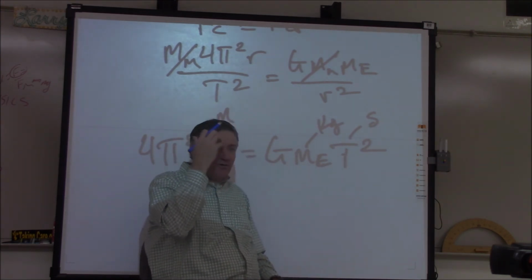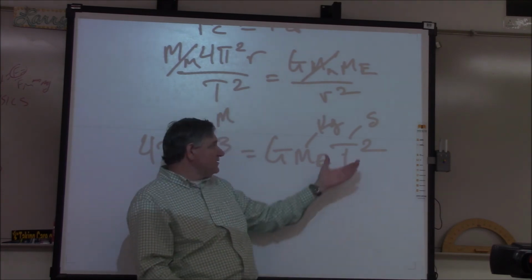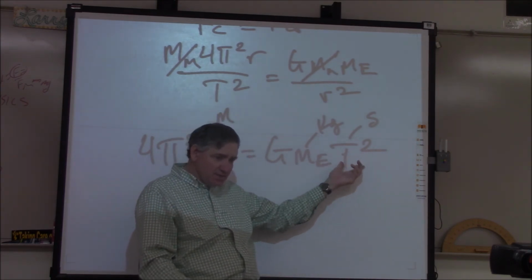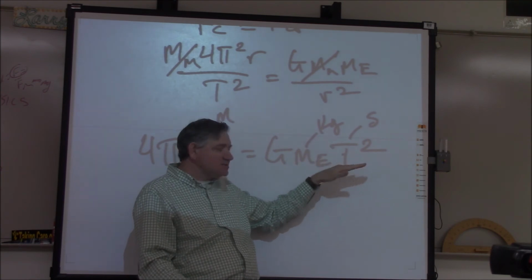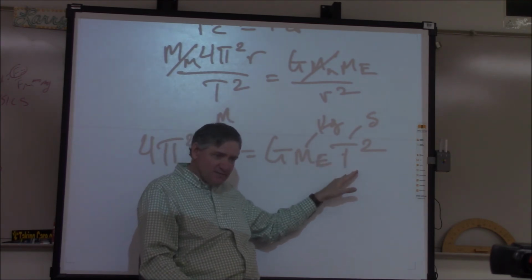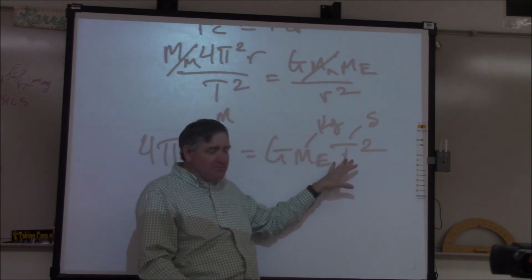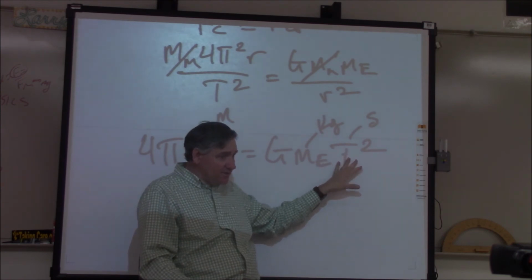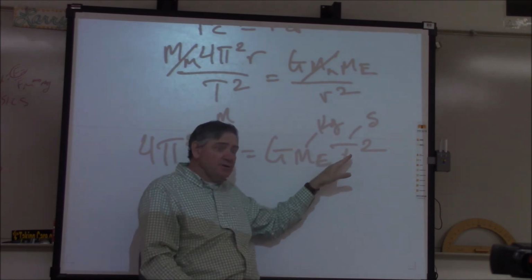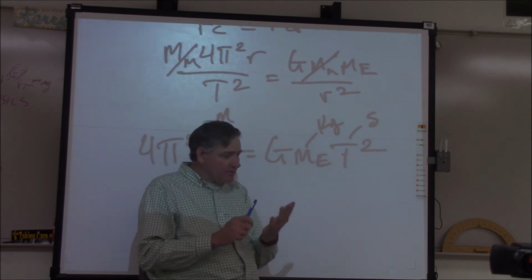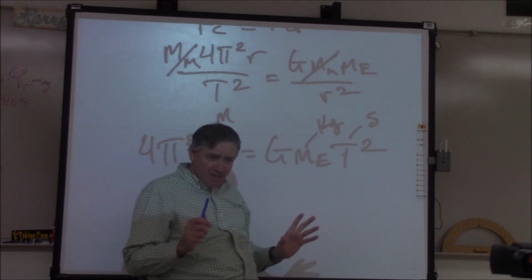So right now, begin to plant in your minds that if you're going to use big T in this equation, it has to be in seconds. All right? But I promise you, on every problem that you're going to deal with, this T is not going to be in seconds. It's going to be in hours, it's going to be in days, it's going to be something else.